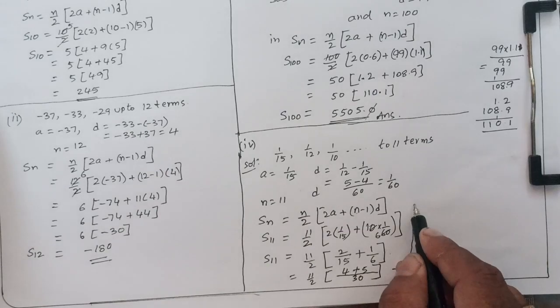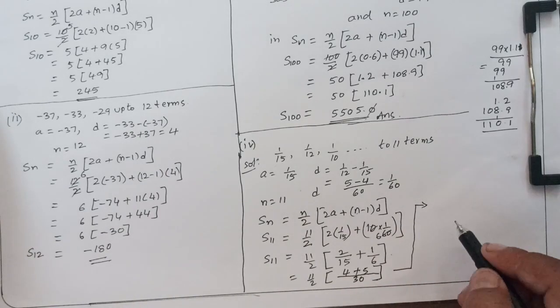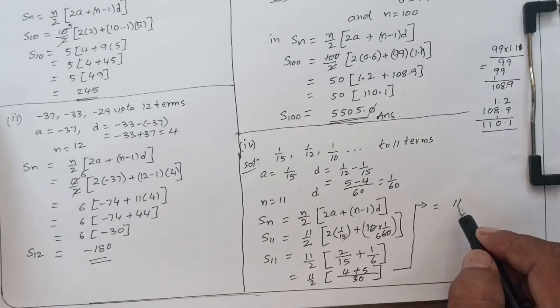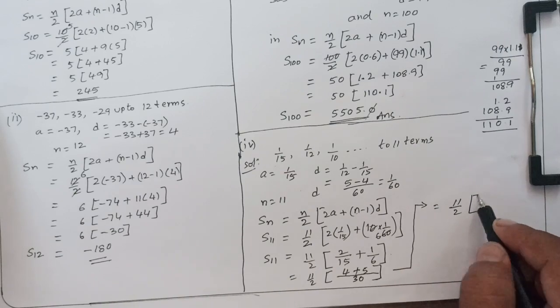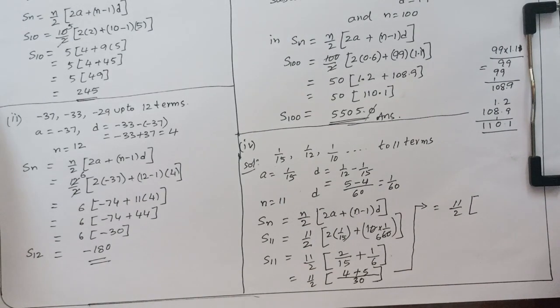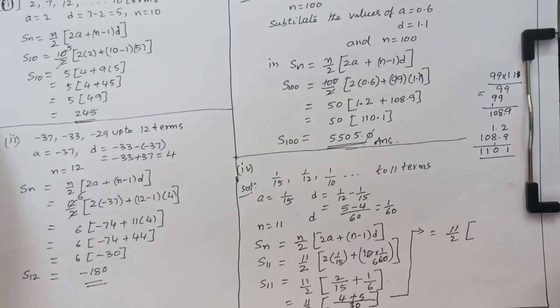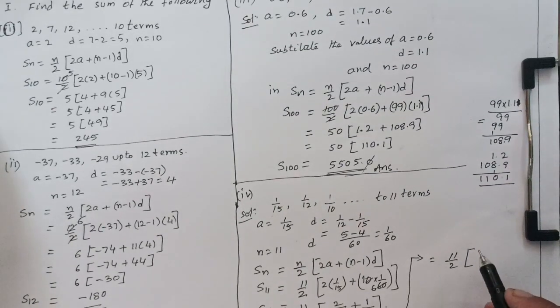Now 11 by 2 into this, which is 9 by 30.